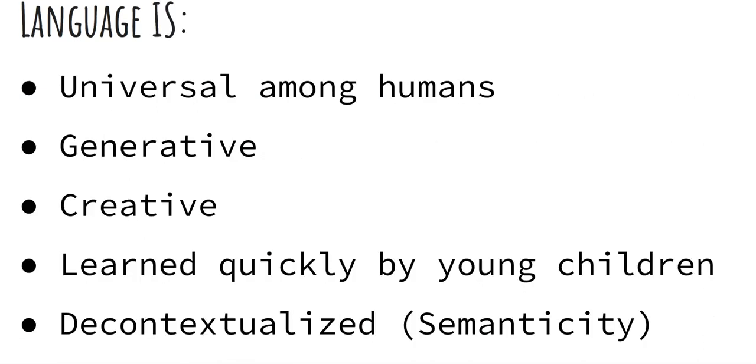So language has some important characteristics. Number one, it's universal among humans. So all people have language. No matter where you go, no matter what continent you're on, people have and pretty much have always had some kind of language.